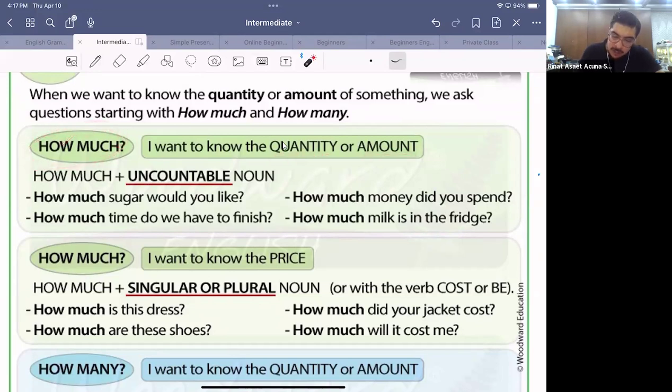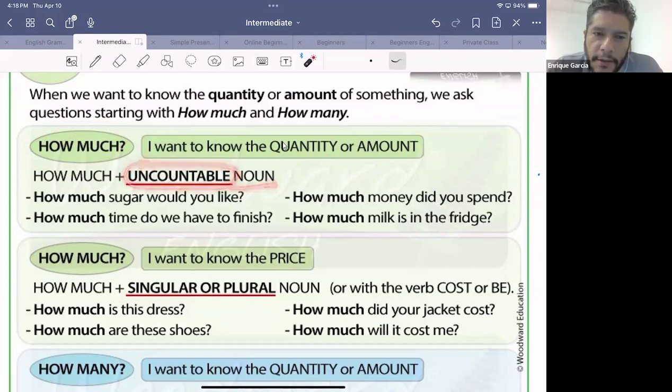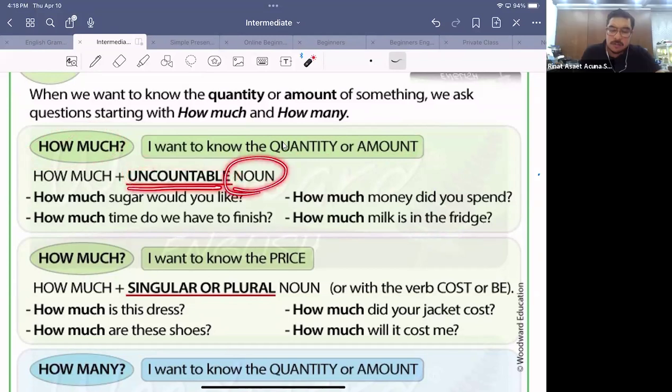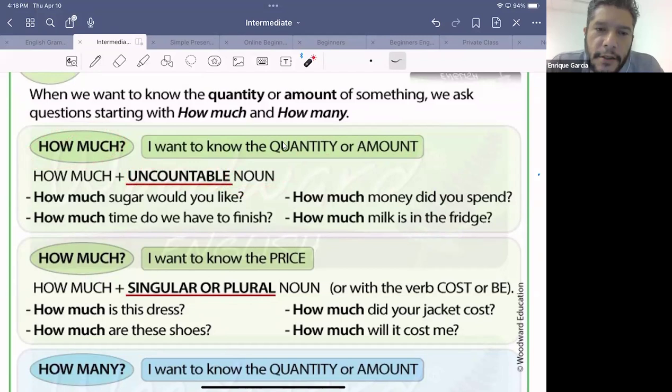And we have to use something that is called the uncountable noun. Do you know what uncountable nouns are? No? Okay.